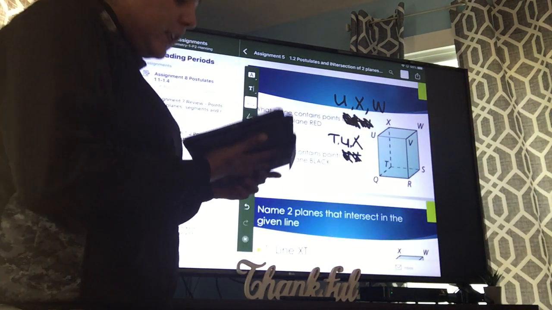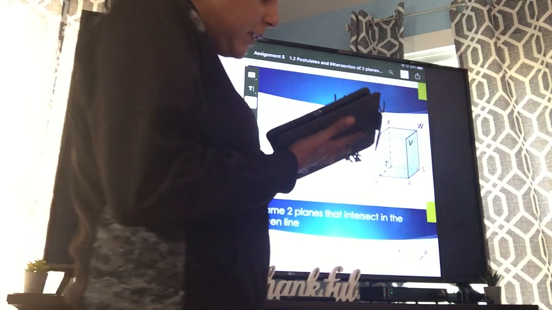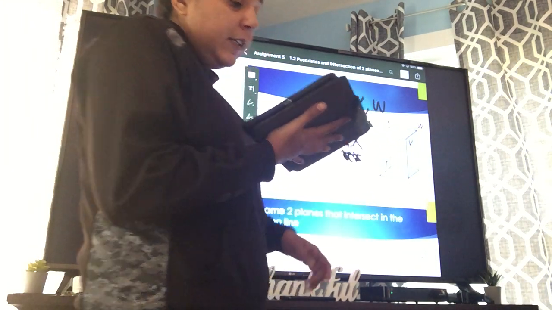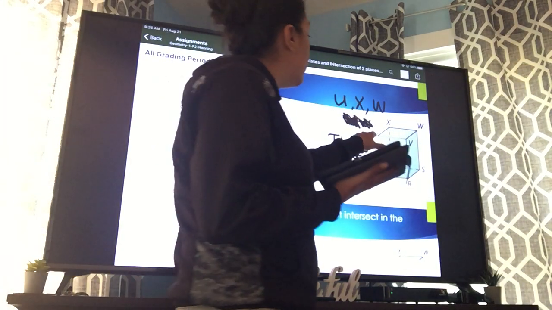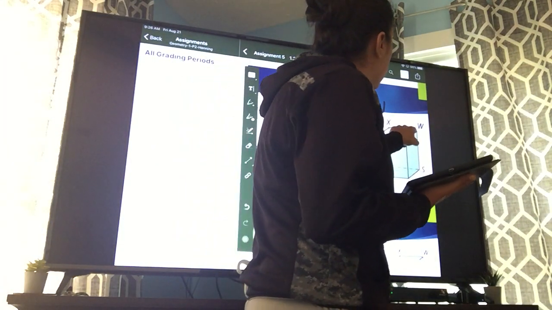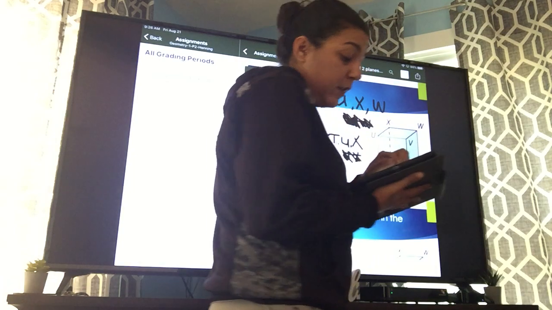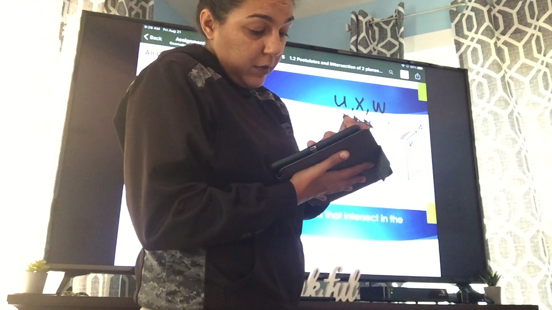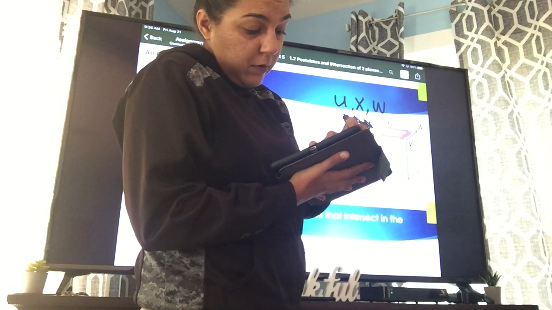Okay, so if we're looking at this plane, it says to shade what plane contains the points U, X, and W, and that's going to be the top. That's going to be all of this one.